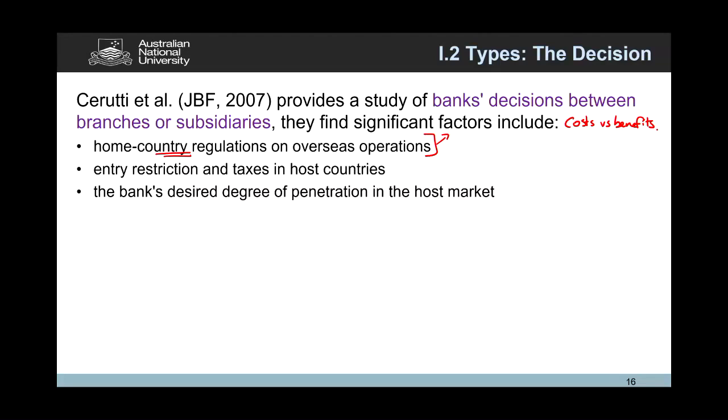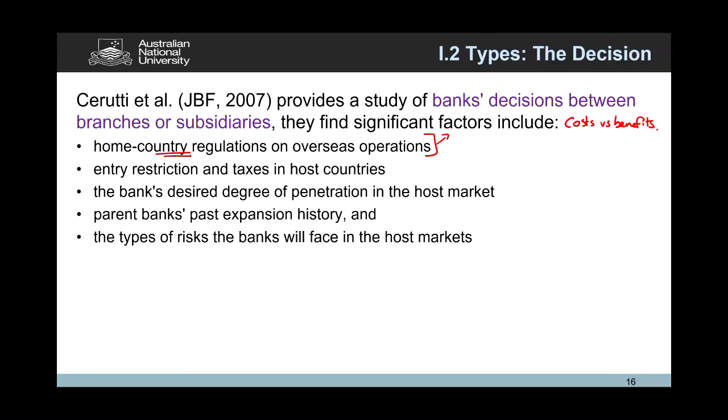Banks are the intermediary of capital flow between lender and borrower, the most important part of the engine that pushes all economic activities. So regulations are really important for banks. In this case, we're talking about both home country regulations as well as host country regulations.